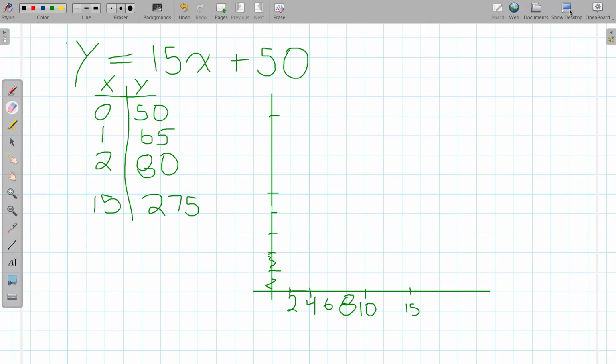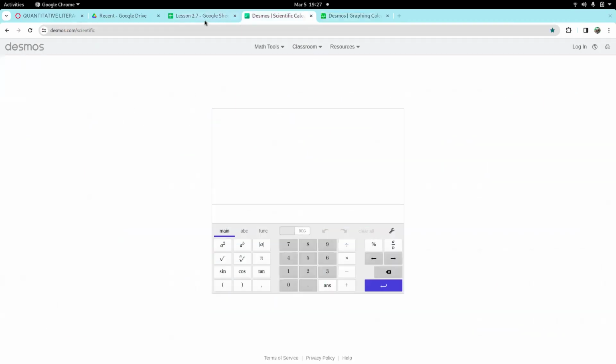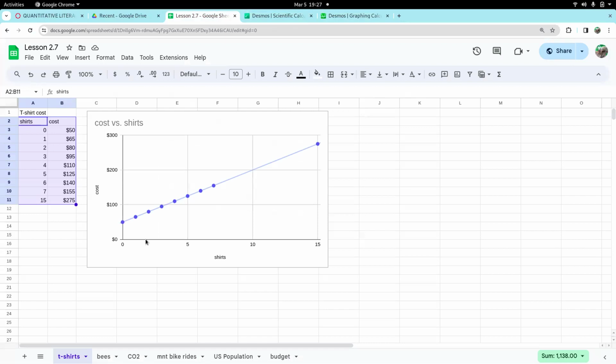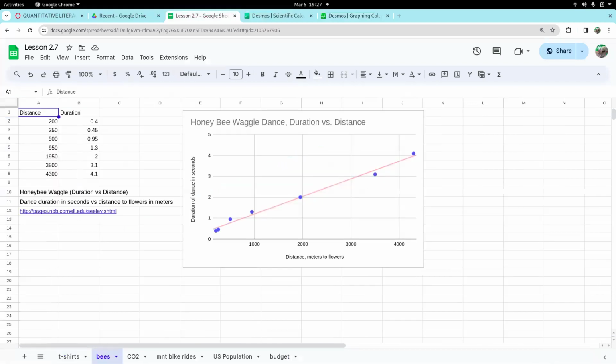All right, next. The kinds of things we're going to look at for graphs are going to be mostly straight line stuff, like cost per shirt. This is a cool one. Honeybees. It turns out there's a relationship between the distance a honeybee travels to get nectar and pollen and the length of the dance it does to show the other bees where to go.